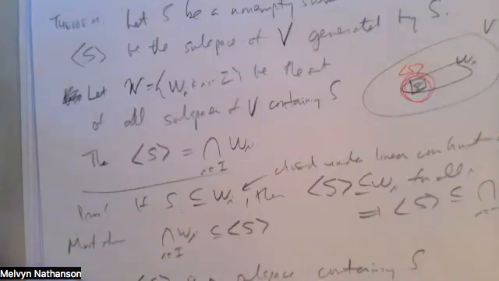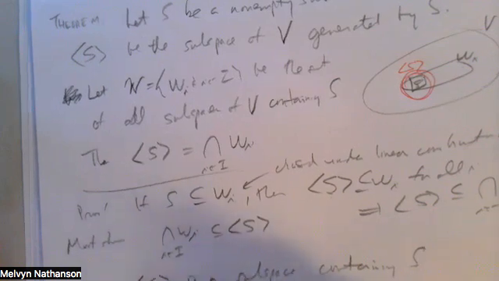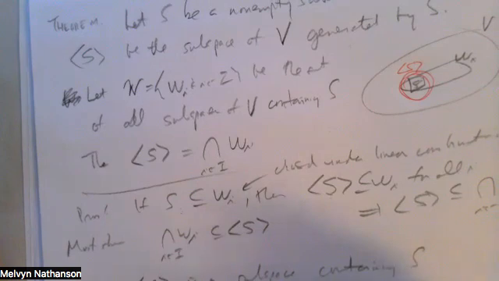The subspace generated by S is a subspace that contains S. So that means that this is, in fact, one of the subspaces Wi in this set script W. So the intersection of all the Wi's is contained in S brackets.